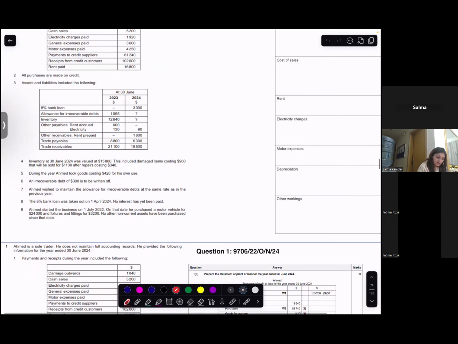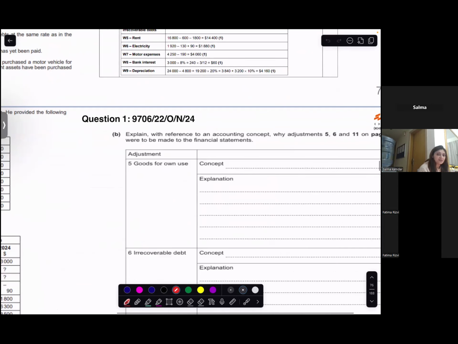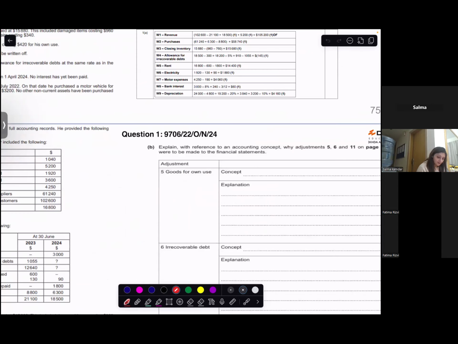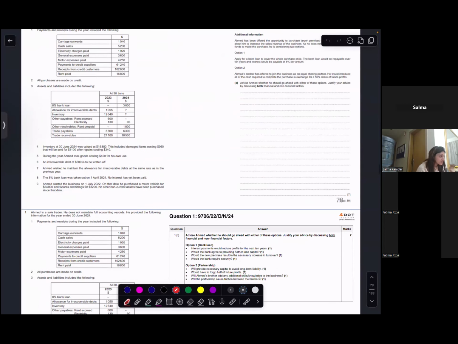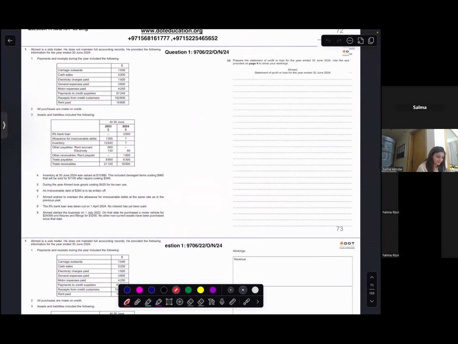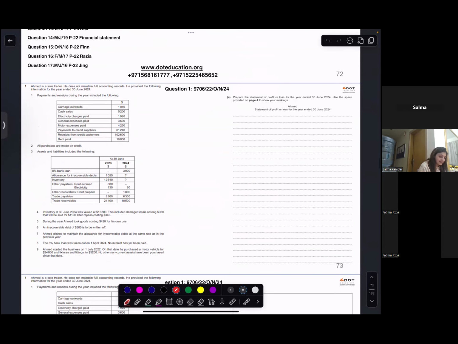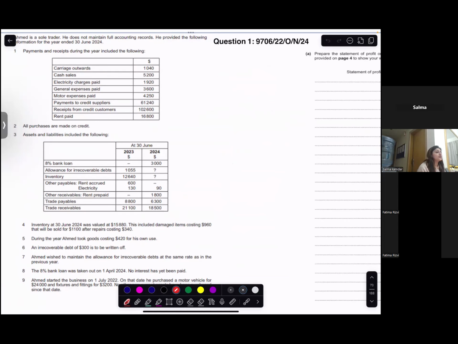I have to show the accounting concept that is used in some adjustments. And then there is theory. That means there is no statement of financial position. So one thing is very clear: whatever markings I have to do are for the income statement, keeping in mind my income statement. I hope you're with me.